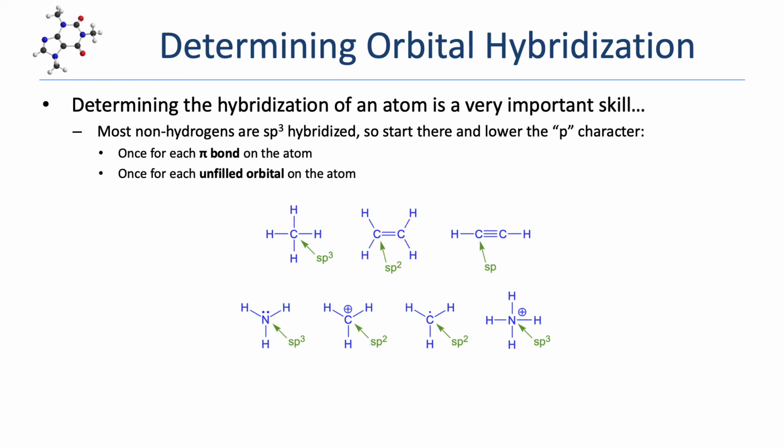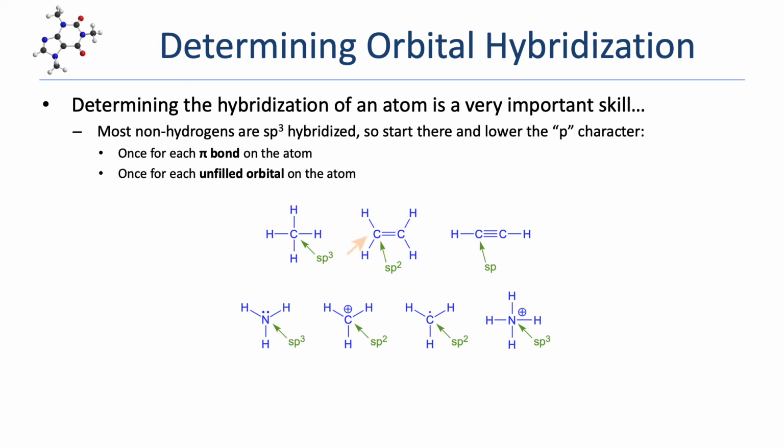Now there are 4 bonds sticking out of that carbon, so that's 4 pairs, that's 8 electrons. Now carbon is a second shell element, which means it has 4 valence orbitals, which can contain 8 electrons. And that means that the valency is filled here. There are no unfilled orbitals. So we leave it as sp3. The carbon in methane has no pi bonds, and it has no unfilled orbitals, so it stays sp3.